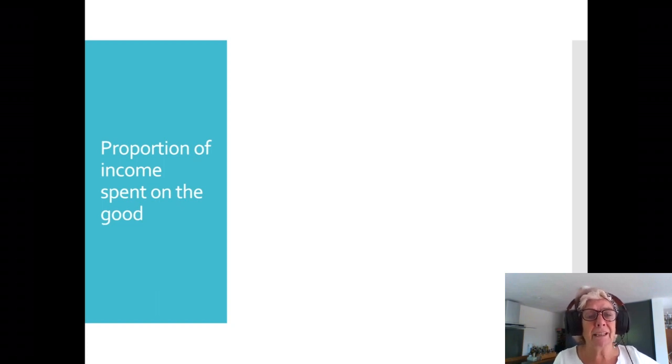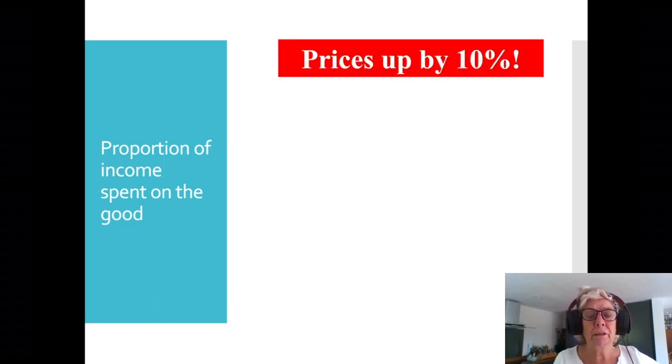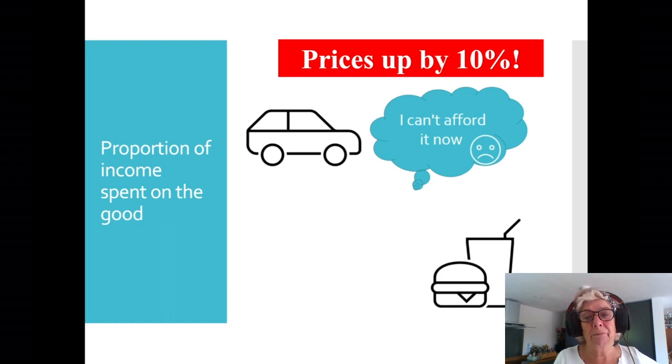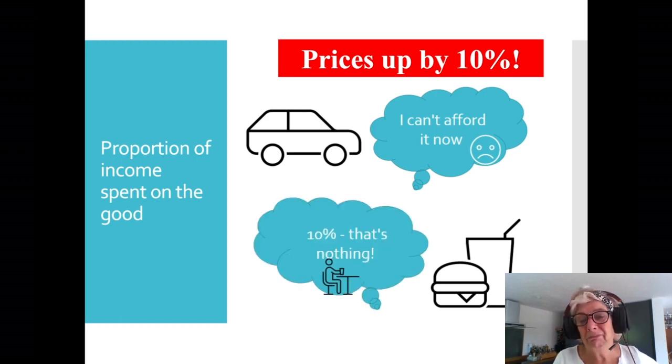How about the proportion of income that we spend on a good? Well, imagine if prices of cars went up by 10%. We might not be able to afford it anymore because a 10% rise in the price of a car is a lot of money. On the other hand, if the price of your favourite burgers went up by 10%, actually that's not much money.